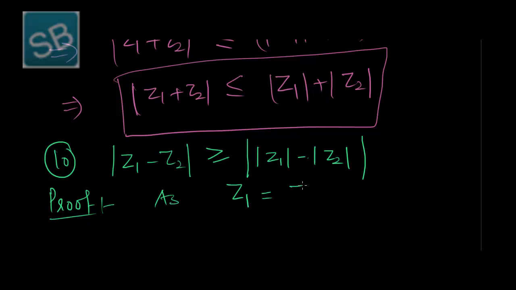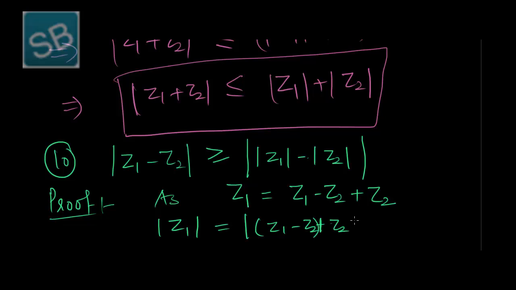Z1 can be written as Z1 − Z2 + Z2, that is a trick. So if we take |Z1|, which is always equal to |Z1 − Z2 + Z2|, and as we know that |Z1 + Z2| is less than or equal to |Z1| + |Z2| as done in the earlier property.